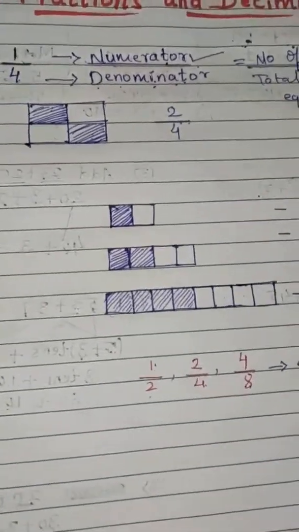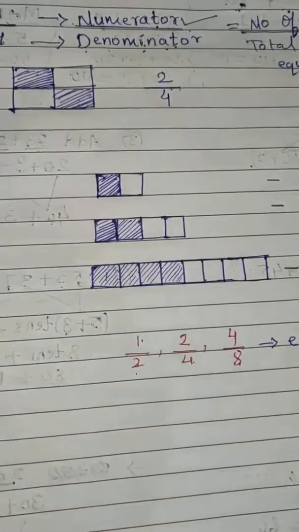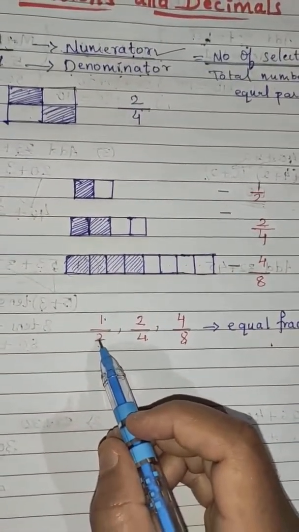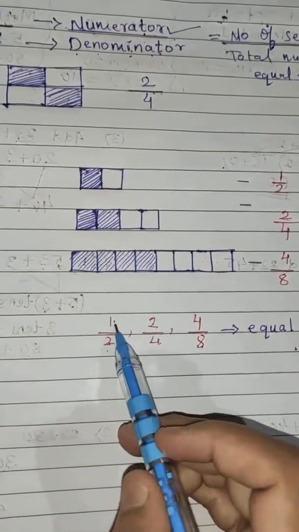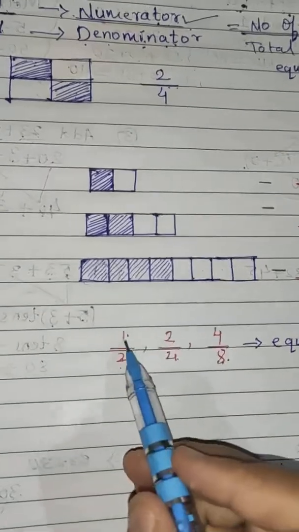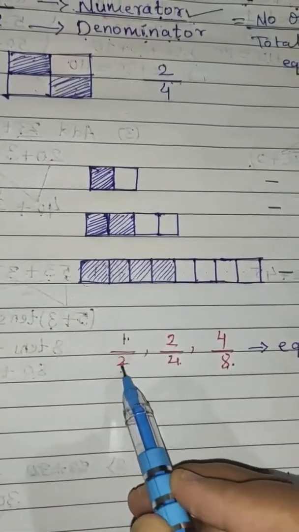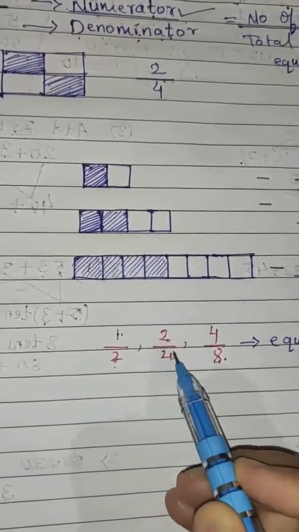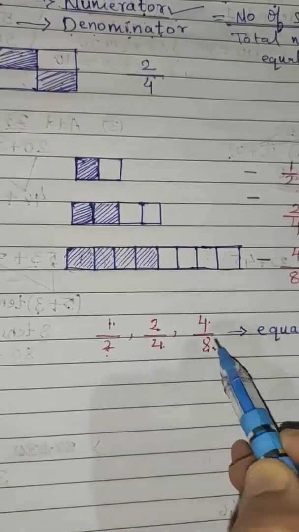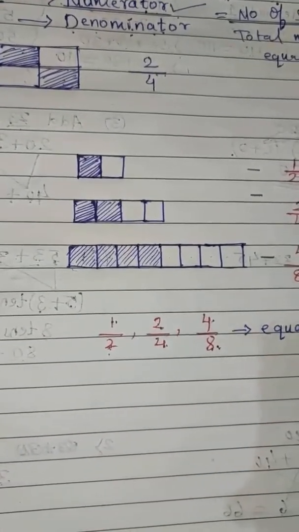See here, each represents half of the whole. So it is called equal fractions.